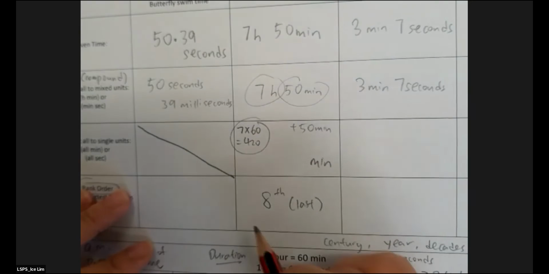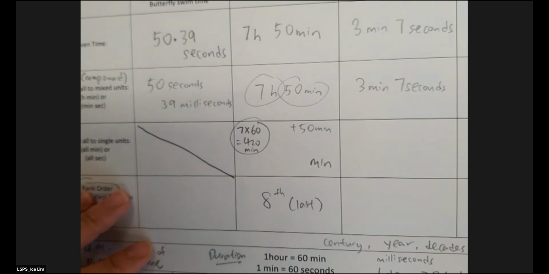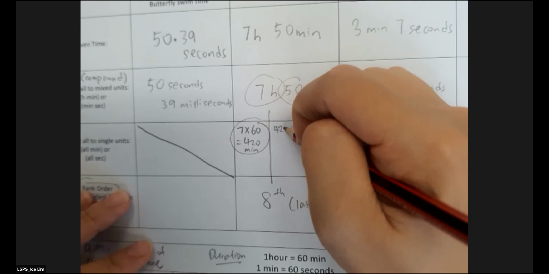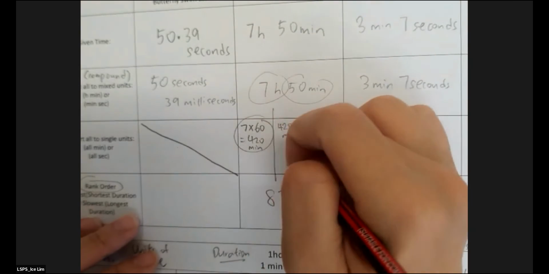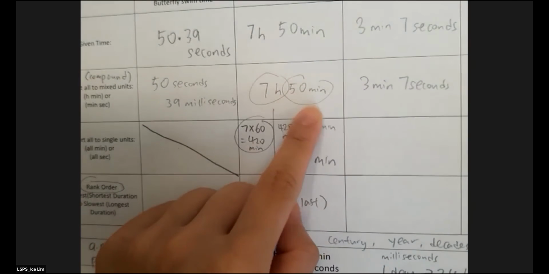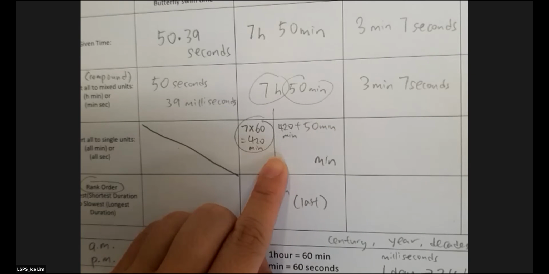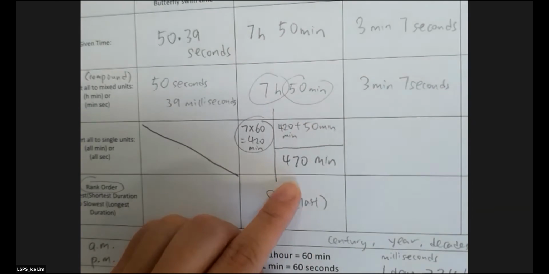So 7 hours is 420 minutes, right? So I have to do 420 minutes plus 50 minutes. If I convert this whole 7 hours and 50 minutes, I will get 470 minutes. Is that okay?